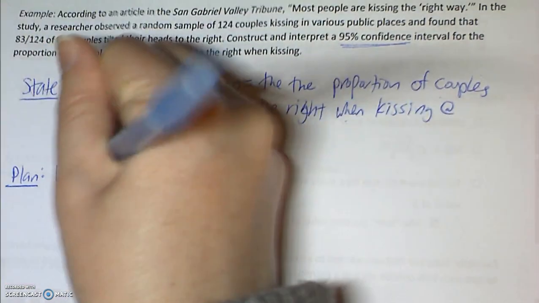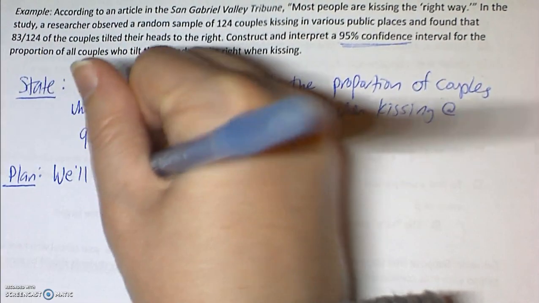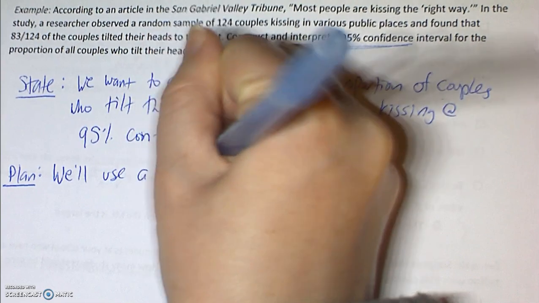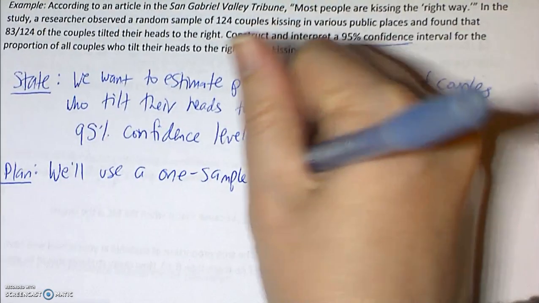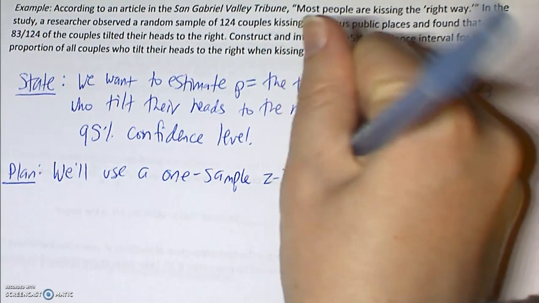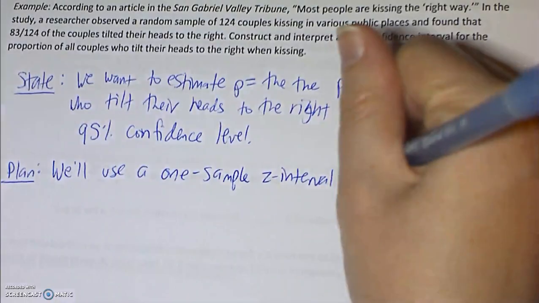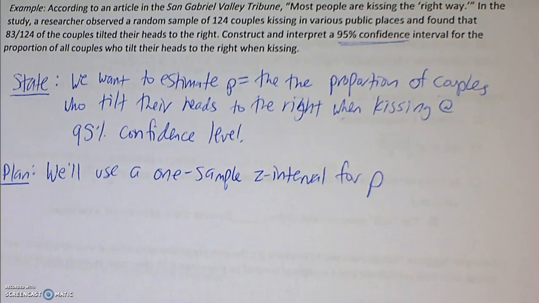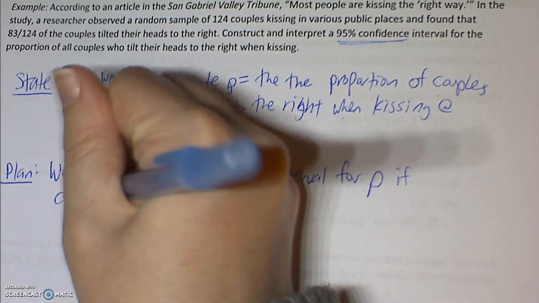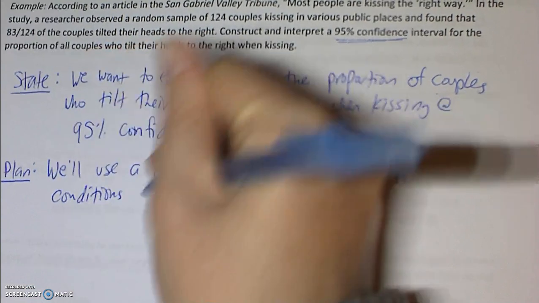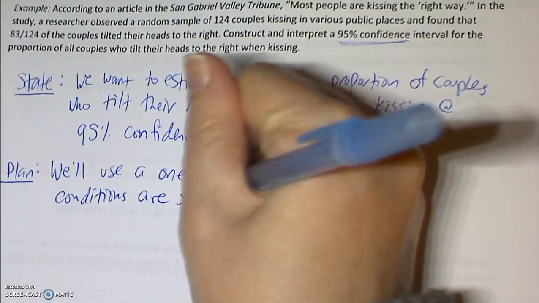And I'm literally going to write that. We'll use a one sample Z interval for P if my conditions are satisfied.